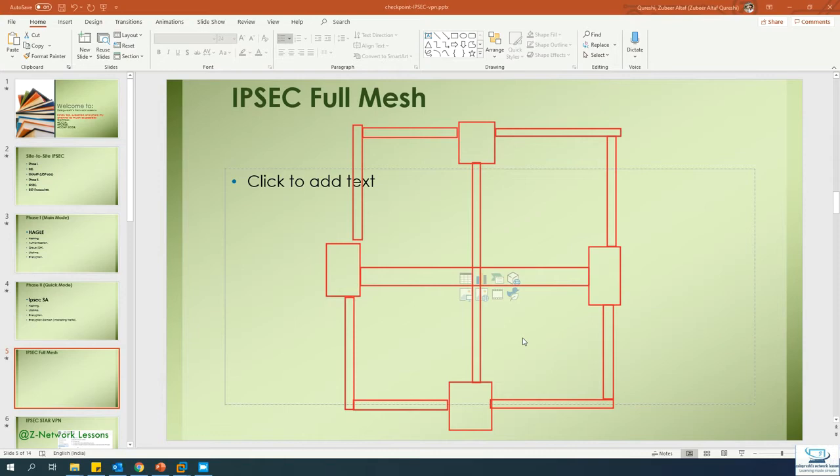So this is your full mesh. You can see this one has a tunnel with this branch, this branch, and this branch.